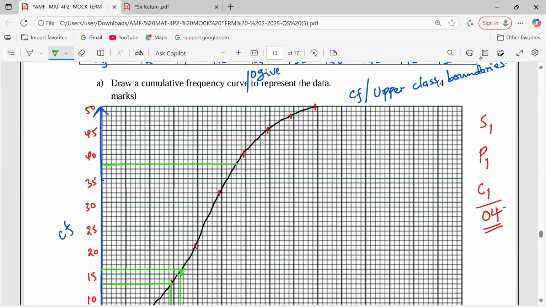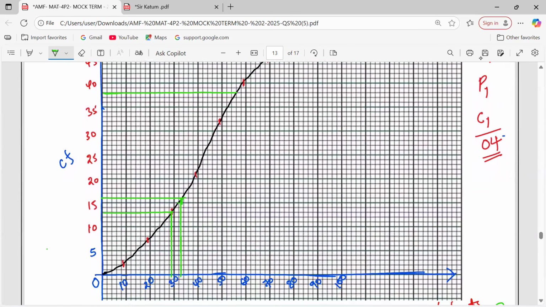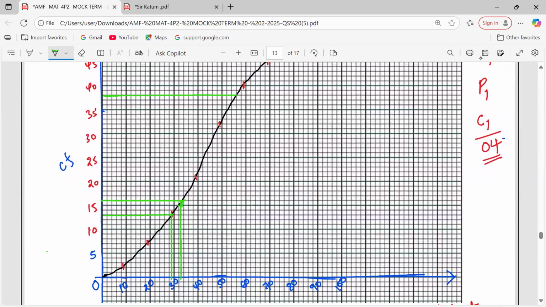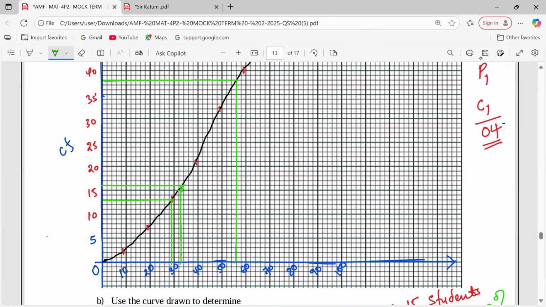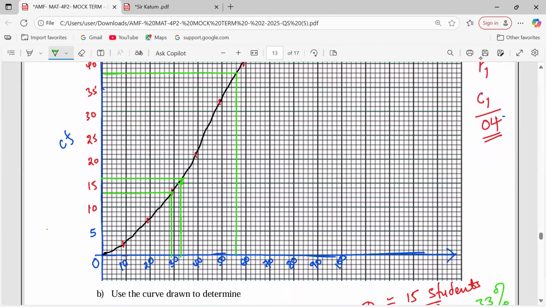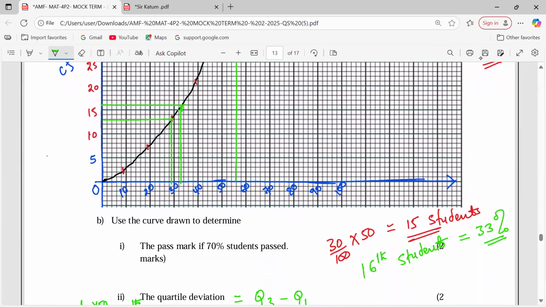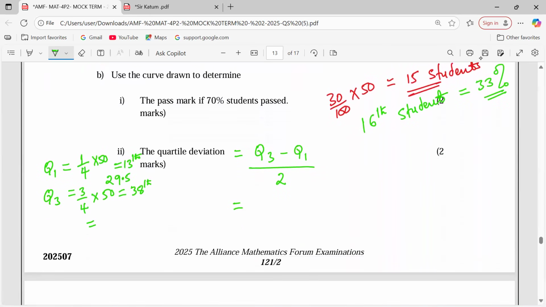We read now. That is the intersection. So we check on the marks now. We have to draw a very straight line there. Then we check the score now. This is going to be 50, 52, 54, 56. So 56%.